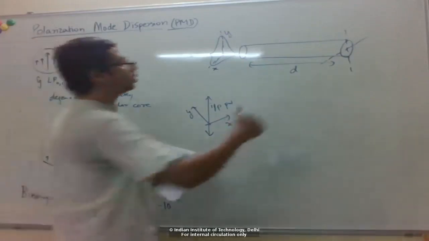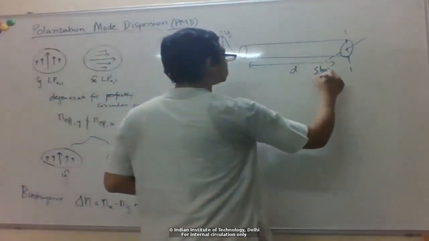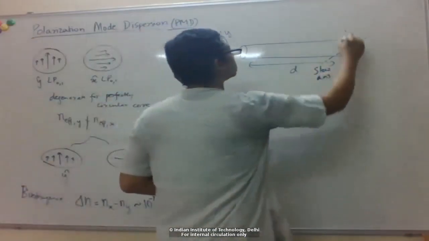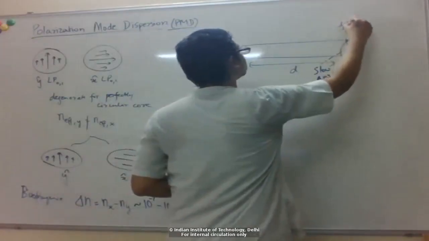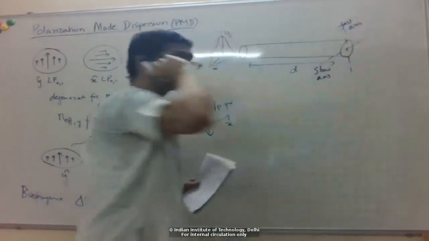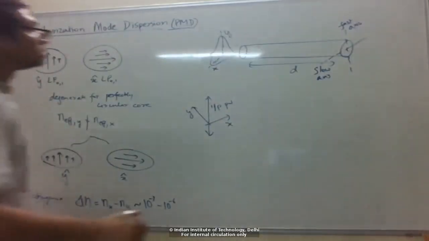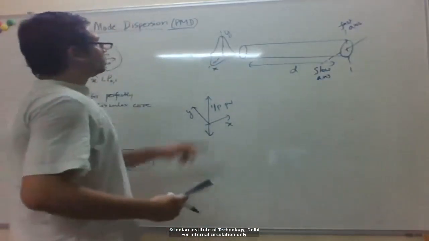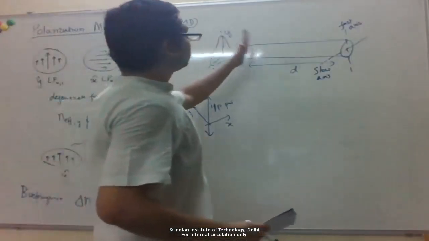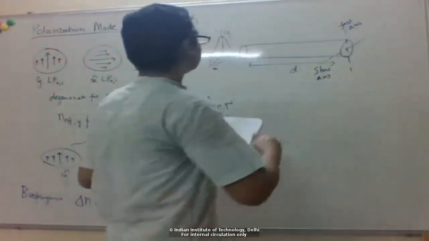So X is known as the slow axis, and Y will be known as the fast axis, because speed is c over n, right? Where n is larger, that's known as the slow axis. So this Y component will go faster.